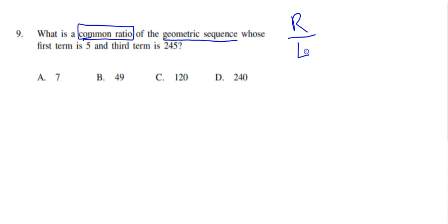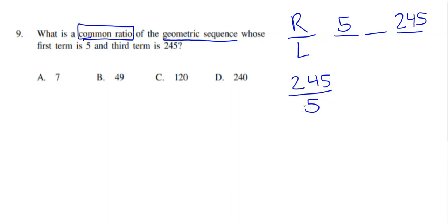or the term on the left, I should say. So if we have that our first term is equal to 5, our second term, we're not sure what it's equal to, but our third term is equal to 245. What I'm going to do here is divide my right term, which in this case is 245, by the term on the left, which is 5.